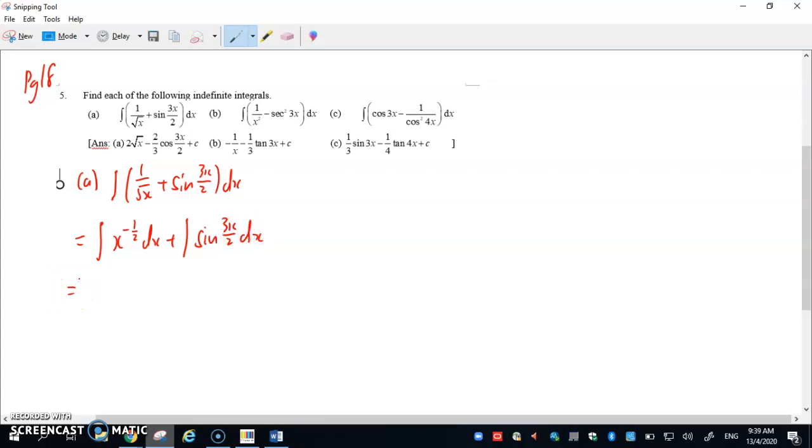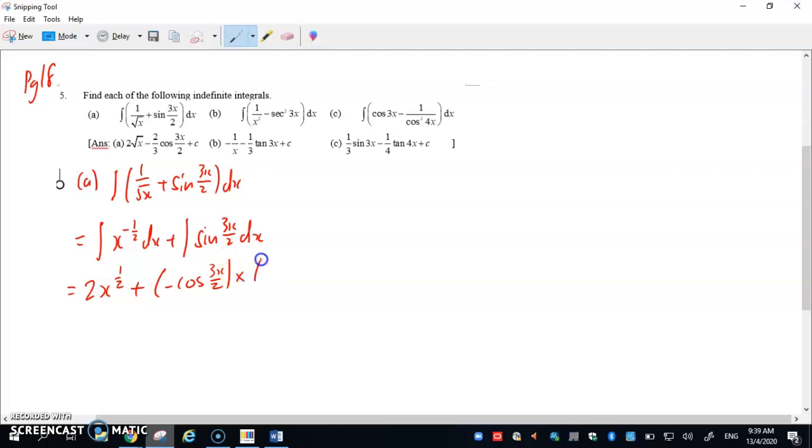Alright, so with that, you can change this into minus half plus 1 is half, so you get 2 divided by 2, x power half. For this, you remember that integrating sine, you get negative cosine, so you have negative cosine 3x over 2.